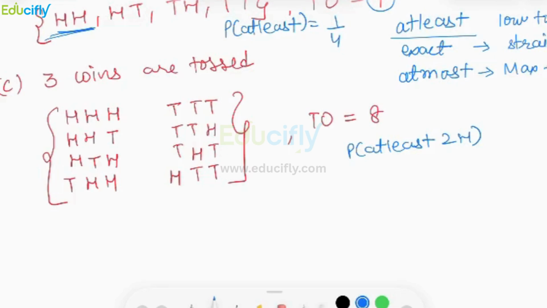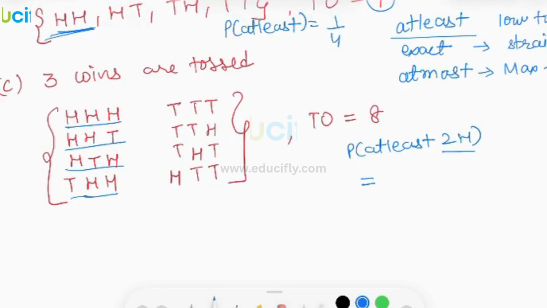And for 3 coins tossed together, if I'm taking the same question, the probability of at least 2 heads, then let's check the 2 heads, these, right? So this is about 2 heads, right? When we say at least 2 heads, I said go till maximum. So this is the lowest one here. 2 head is the lowest part. So we'll go till the maximum value of head. So the maximum value of head is 3, right?